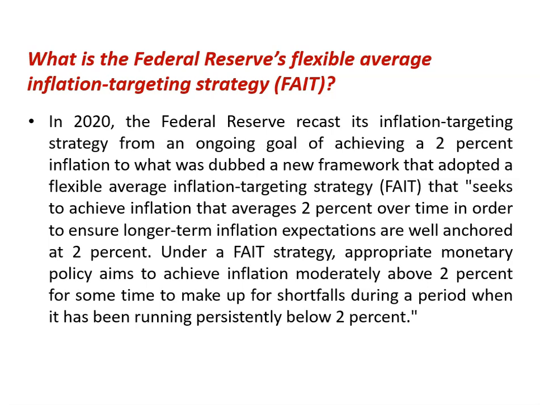Under a FAIT strategy, appropriate monetary policy aims to achieve inflation moderately above 2% for some time to make up for shortfalls during a period when it has been running persistently below 2%. So, the Fed's current inflation strategy is now more tolerant of inflation running above, or below, the 2% target, just as long as it tends to balance out around the 2% mark over the long run.